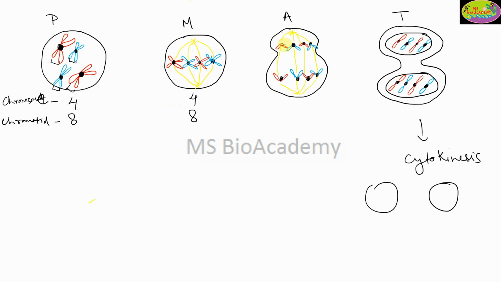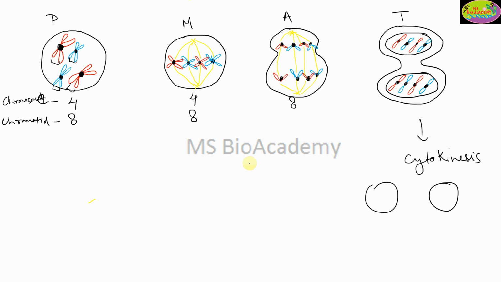Now in the anaphase, the centromere divides, and the sister chromatids separate and move towards opposite poles. So now each will become 1 chromosome. The total number of chromosomes will be the total number of centromeres. Just count it down: 1, 2, 3, 4, 5, 6, 7, 8.